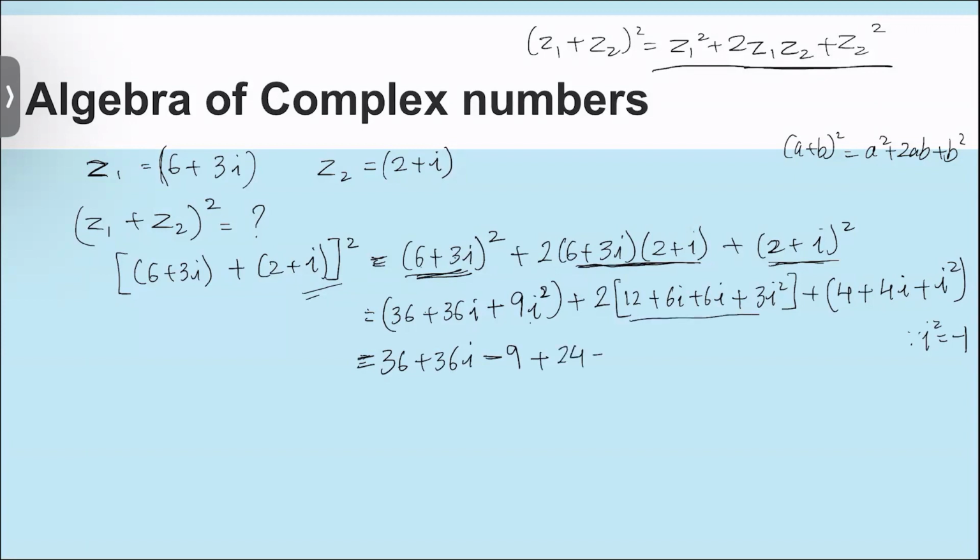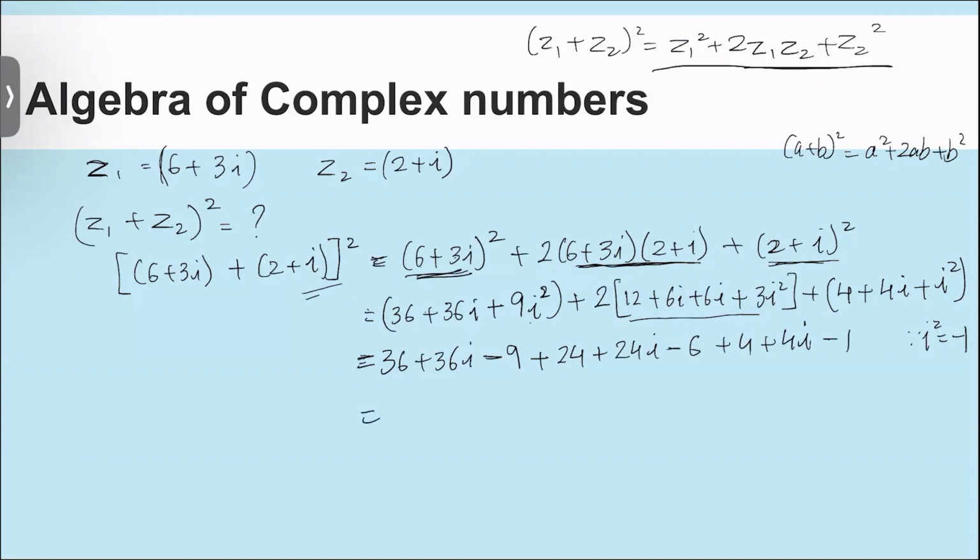So 24, and 6i plus 6i will be 12i, so again you multiply that by 2, so you get 24i. Again over here, this will become minus 3 because i squared is equal to -1. So minus 3 into 2, so you have minus 6, plus 4 plus 4i, and you have i squared over here, so this becomes minus 1.